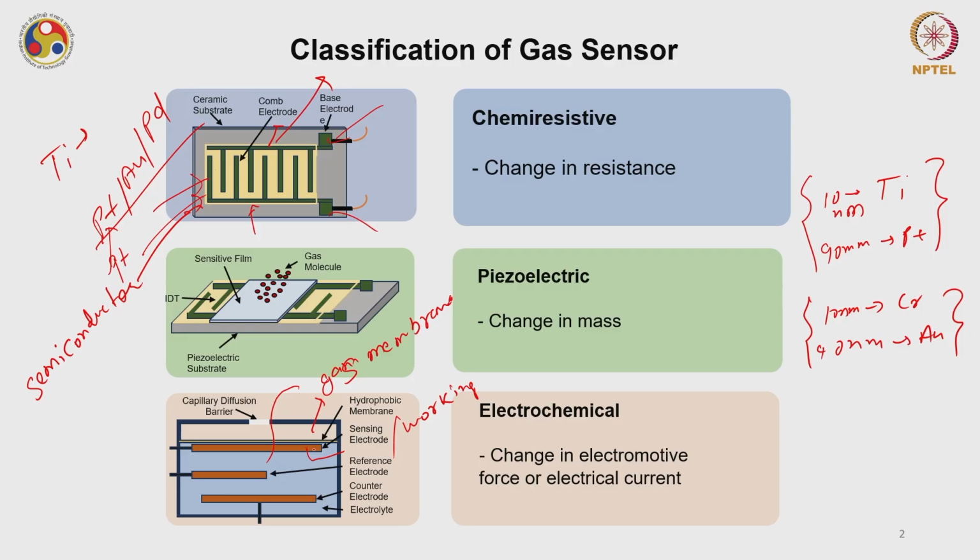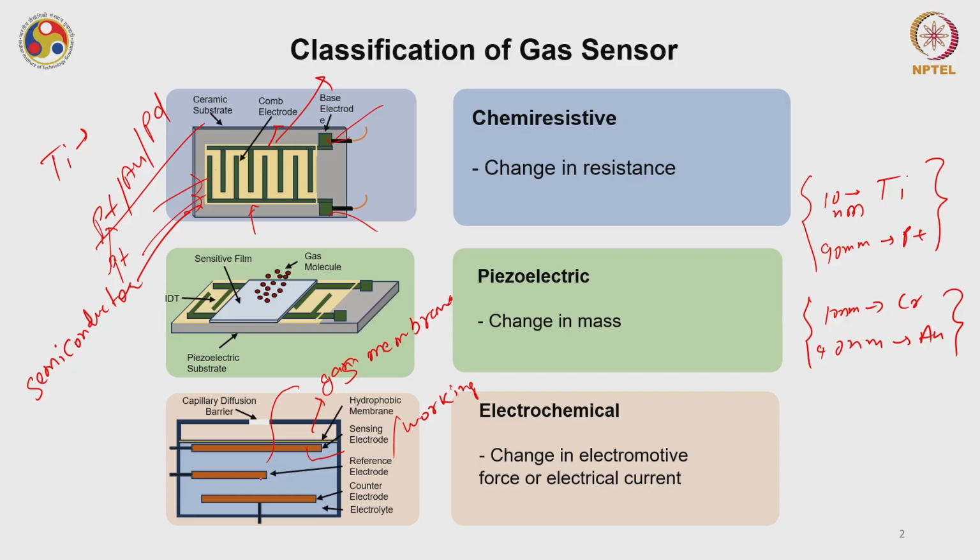So you have a complete circuit and an electron flow. So the gas molecule which enters through this hydrophobic membrane starts a reaction at the sensing electrode and triggers an electron flow in the circuit.